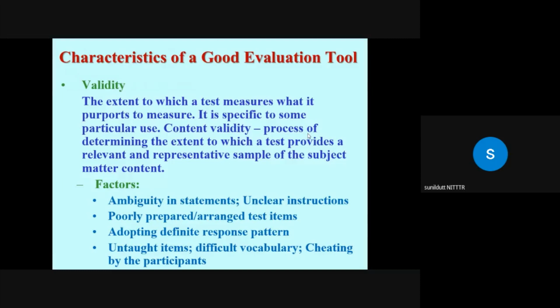Test contains items which are not taught in the class, difficult vocabulary, or using malpractices or cheating by some of the participants that will lower the validity of the tools.